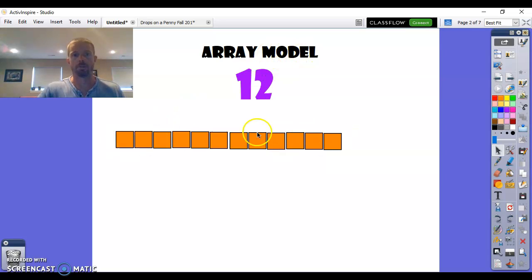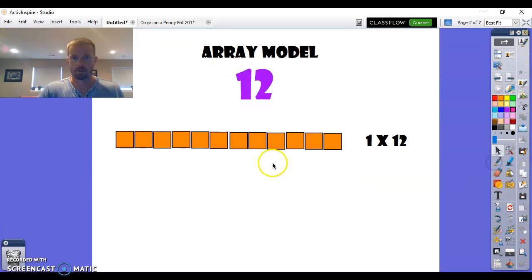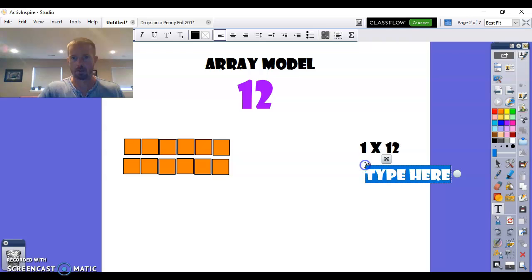So they would have 12 cubes in this case, and the first set of factors they could find is 1 times 12, because there's one row with 12 in it. So then the next factor they'd be able to find would be 2 times 6, because now the array has 2 rows with 6 in each.